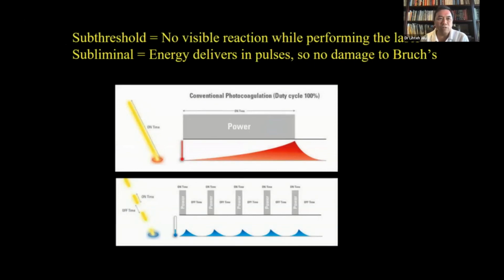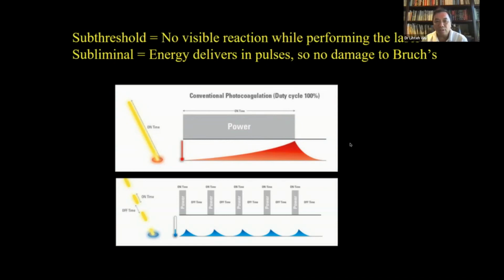And the subliminal or micropulse is that, in contrast to the conventional photocoagulation, this pulse of energy we break up into lots of mini pulses, and depending on what duty cycle we choose, the power will remain on just a percentage of the time, and the rest of the time, the power is turned off.